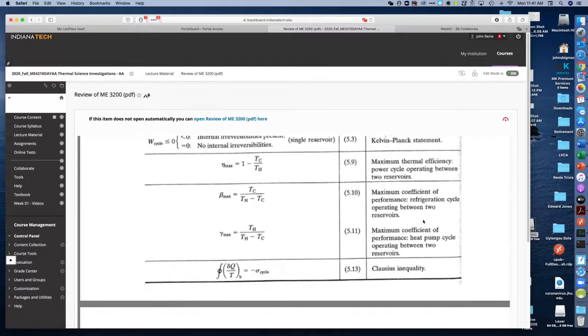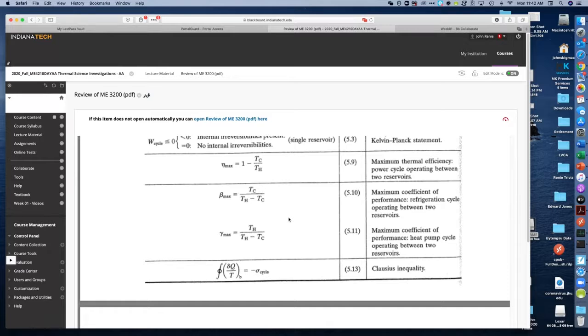We also spoke earlier about refrigeration and heat pump cycles, and the same type of analysis can be applied to those cycles. Once again, the high temperature reservoir is the reservoir that's accepting the heat transfer from the working fluid, and the low temperature reservoir is the reservoir that is supplying heat to the working fluid.